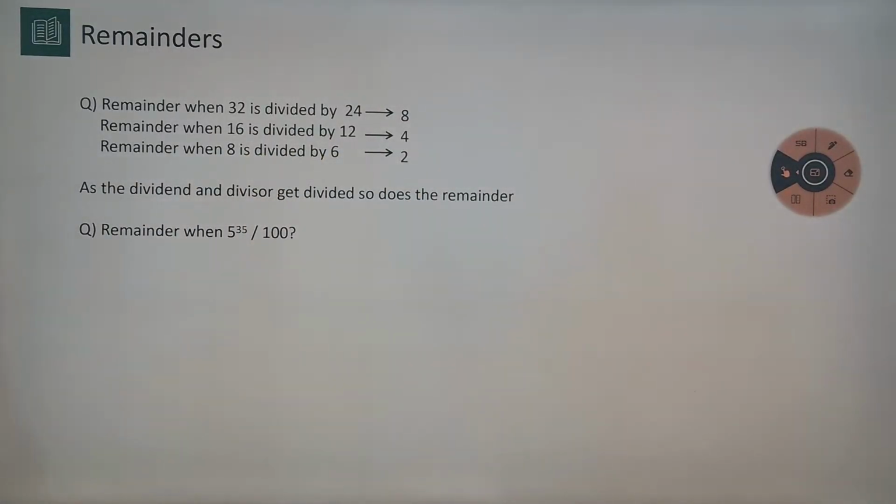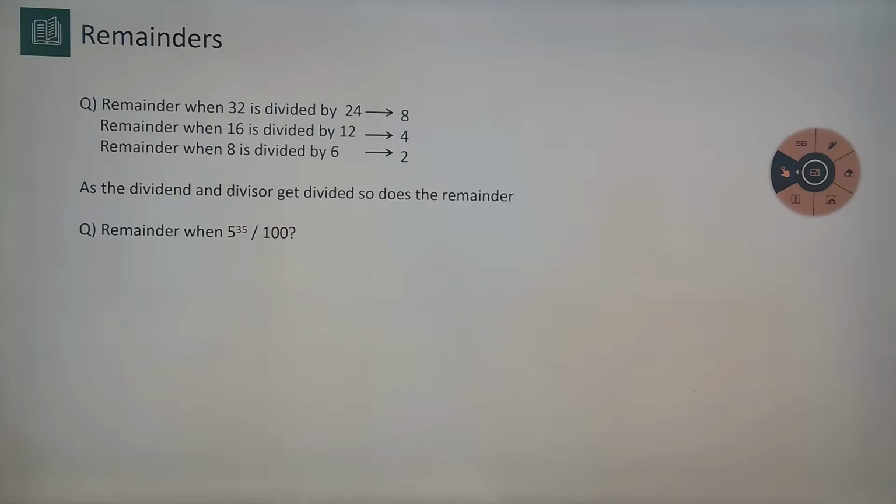If I ask you what will be the remainder when 5 raised to power 35 is divided by 100. Till now in all the questions that we attempted, there was no common factor between the numerator and the denominator. है ना? 6, 7, 5, 6, 32, 31, 33, 31, कोई भी कॉमन फैक्टर नहीं था. यहाँ पे 5 raised to power 35 and 100 both have common factors.